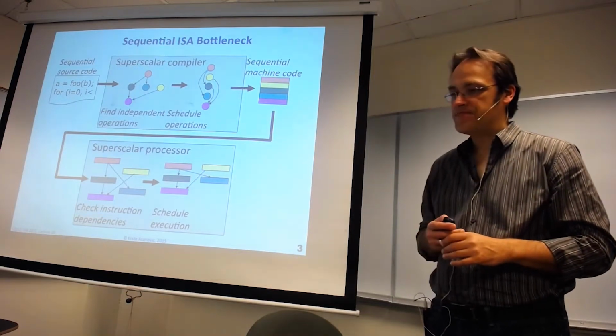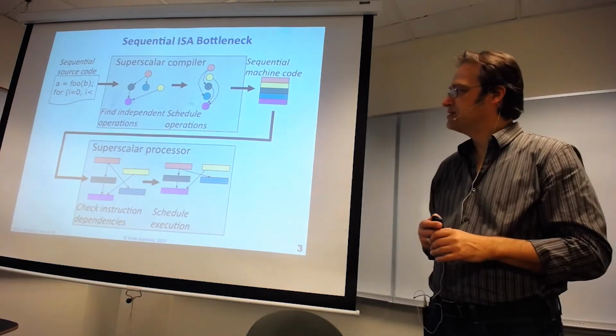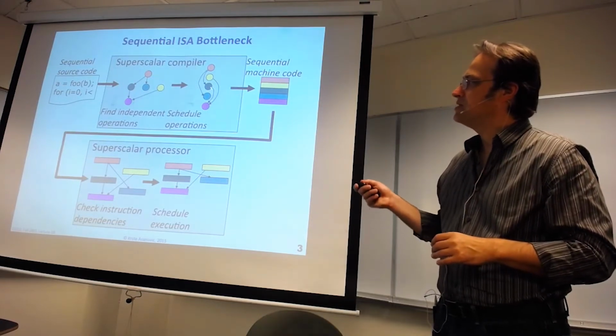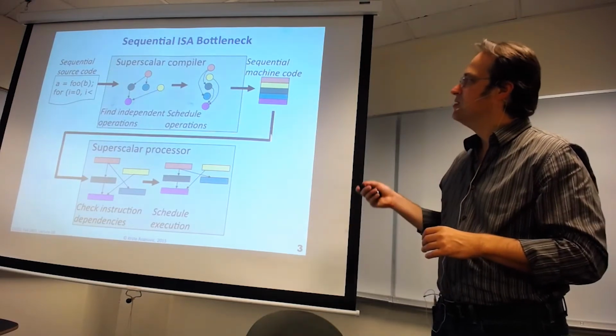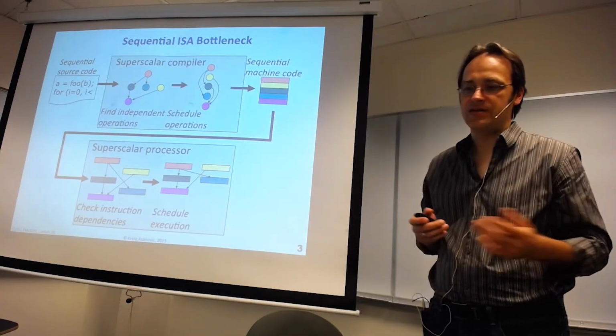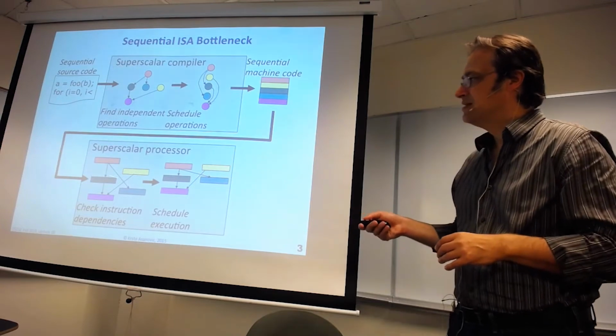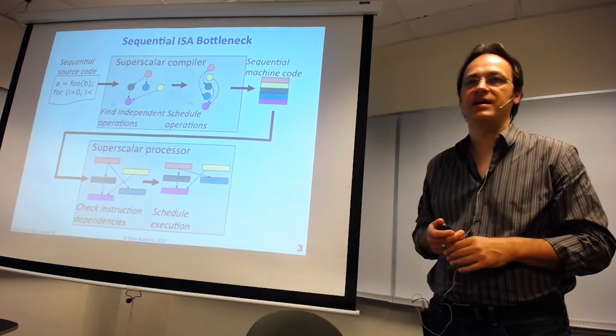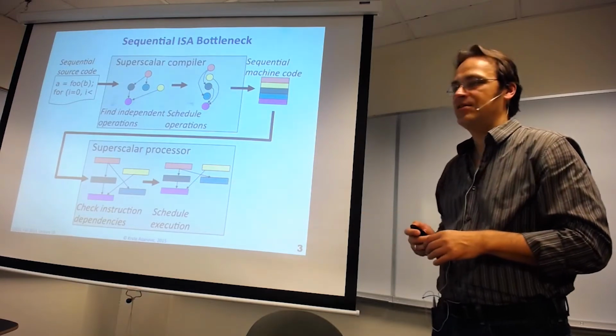So it's clear there's a bunch of redundancy here, right? The compiler's done this work of finding independent operations and scheduling them for execution, but it then has to encode that in sequential machine code. So when the code actually executes, the hardware is rechecking for those dependencies and then rescheduling things on the fly.